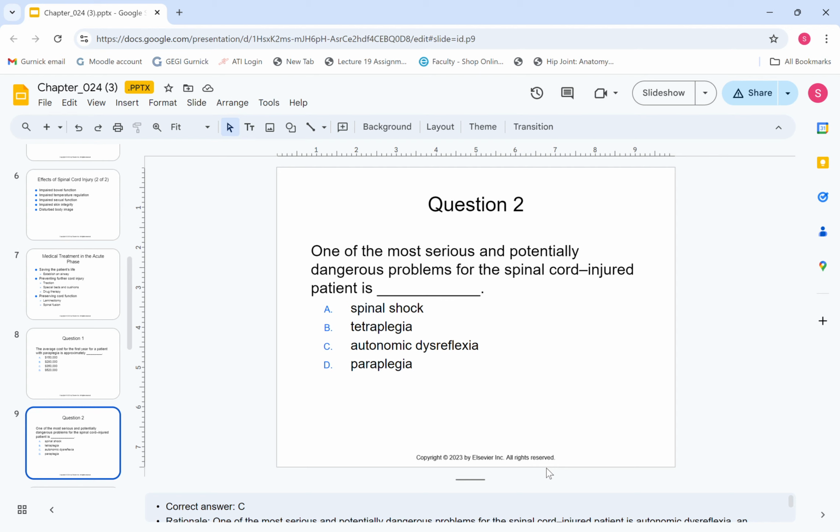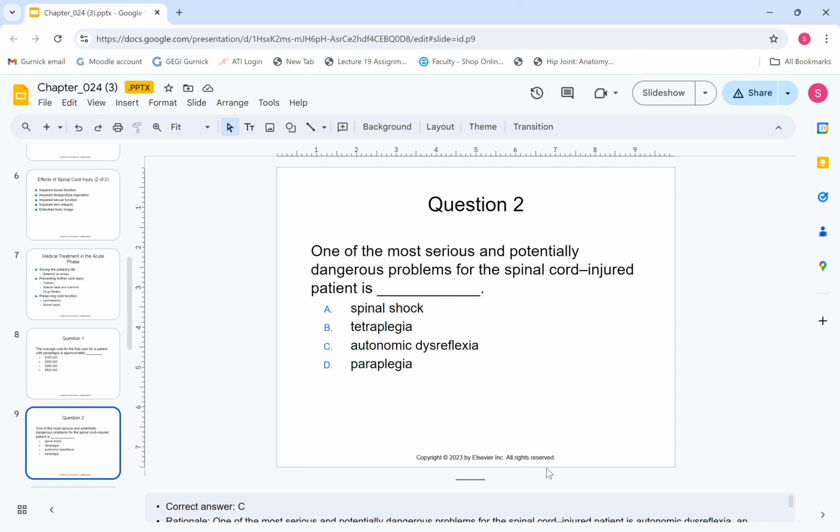Okay, tetraplegia is important, but not as important as your life. Okay, and autonomic dysreflexia could put your life in danger after spinal cord injury, even if you're already tetraplegic. All right, and paraplegia, loss of your use of your legs, right? Okay, your life is more important, so that's why autonomic dysreflexia is more important.